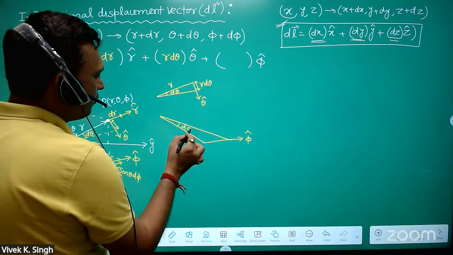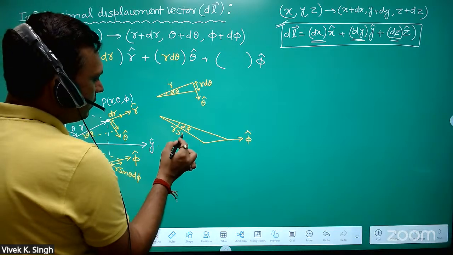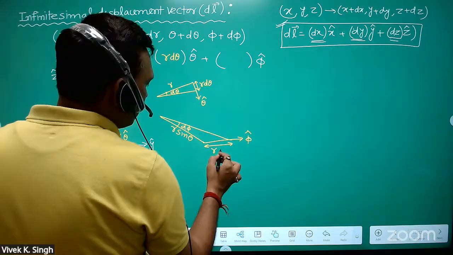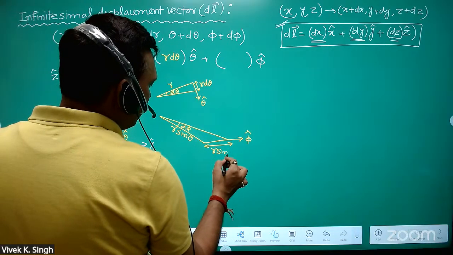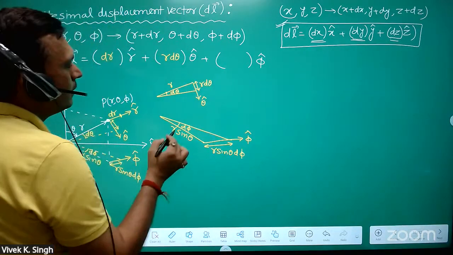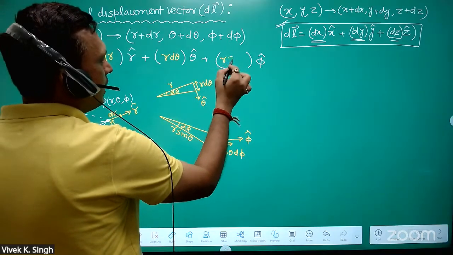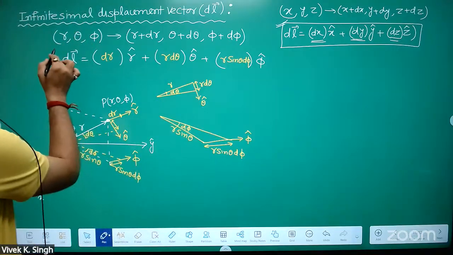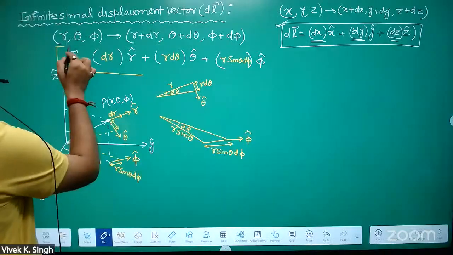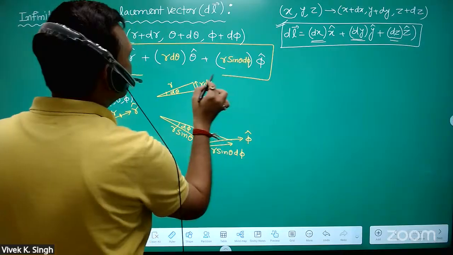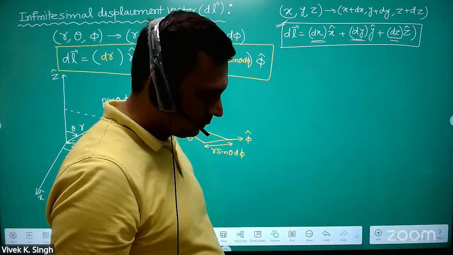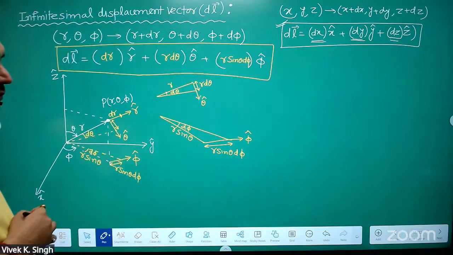This angle is d phi, and this is r sine theta. So this change is r sine theta d phi. Is it correct? So this is the dl vector in spherical polar coordinates. Yes or no? Yes, sir.